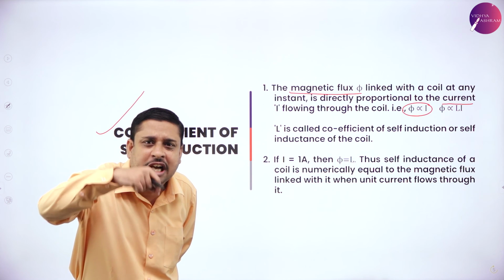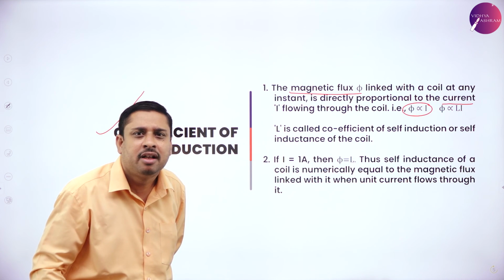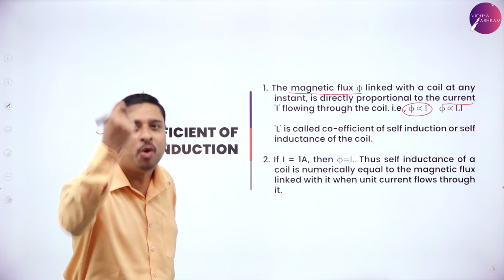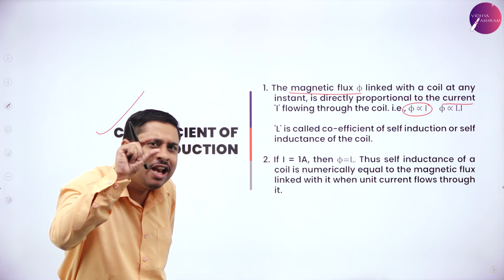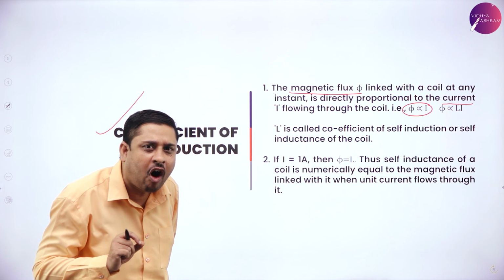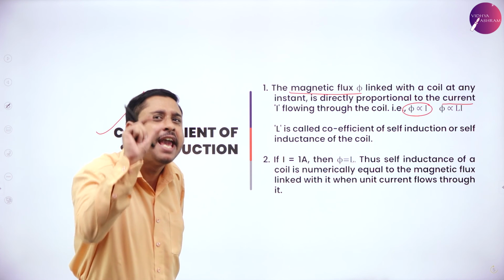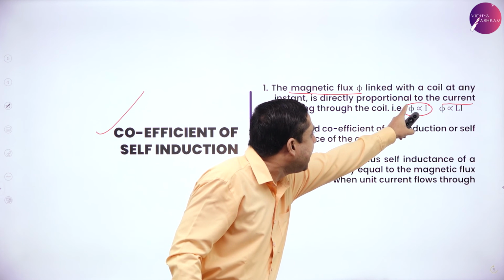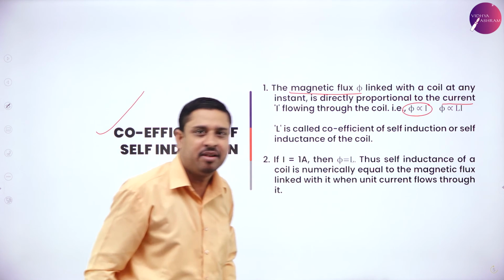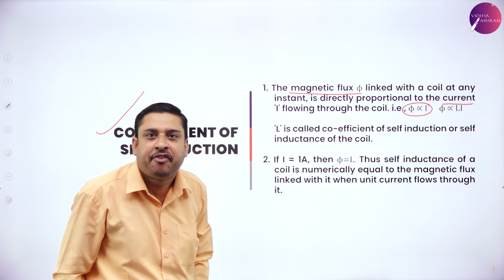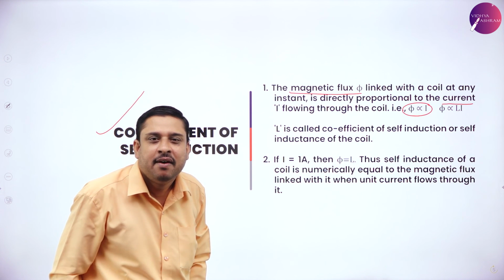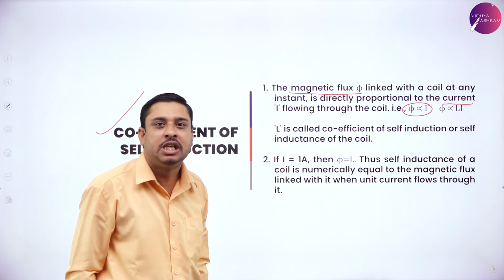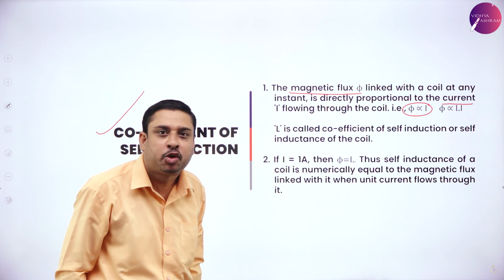If a large current flows through the coil, the change in magnetic flux is more. If a small current flows through the coil, there is small variation in magnetic flux. Therefore, phi is proportional to I. Magnetic flux linked with any coil is directly proportional to the current flowing through it.